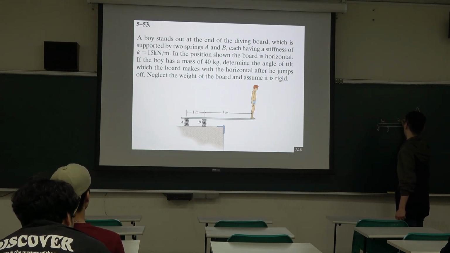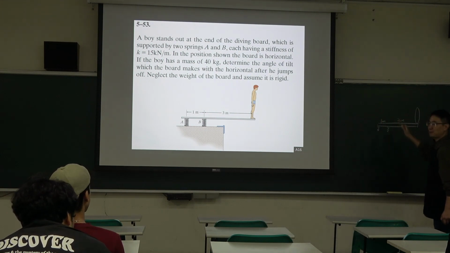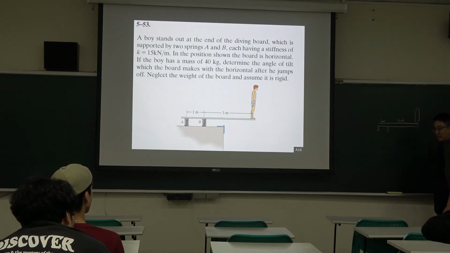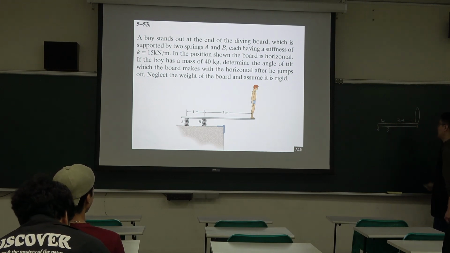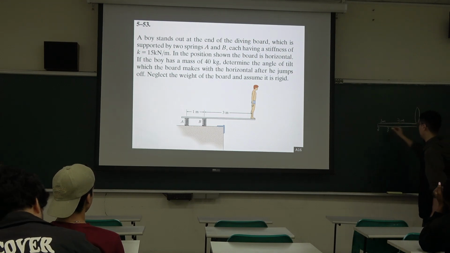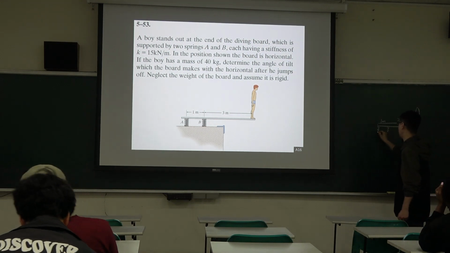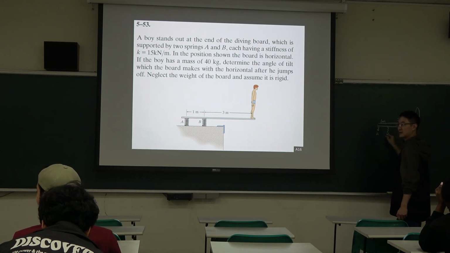Here is 3 meter. So before he jumps it is horizontal. So after he jumps, of course, it's not horizontal. So theoretically, that's point A and point B.